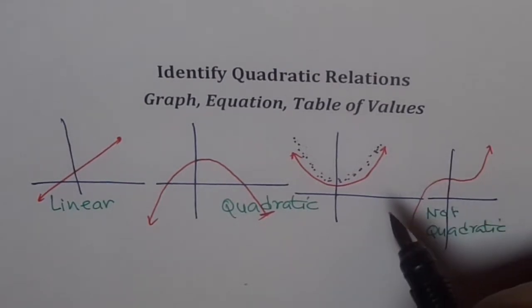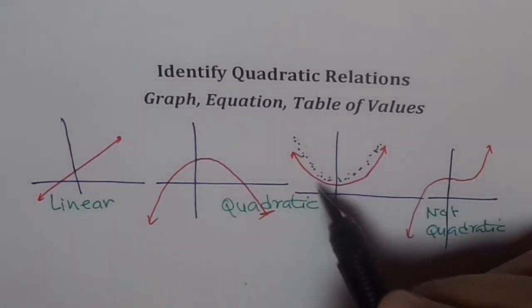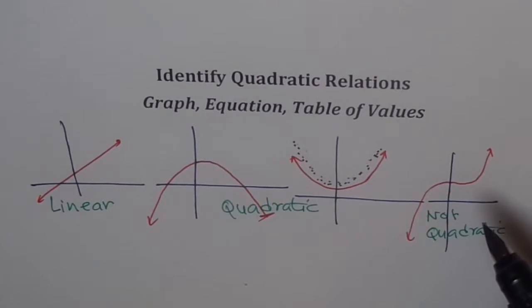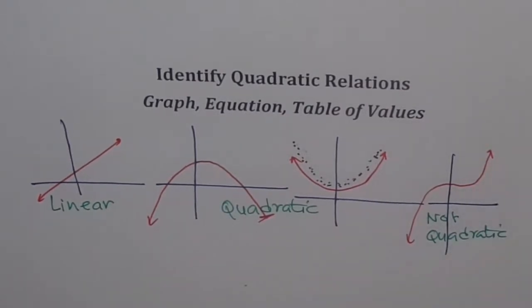So scatter plots can be seen, and if they are very close by, and if a line of best fit can be made in the form of a parabola, then that scatter plot can also represent a quadratic relation, correct? So graph, whether it's a line or a scatter plot, could represent a quadratic relation.